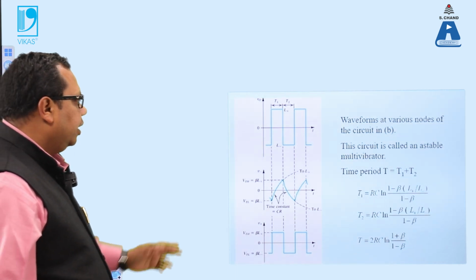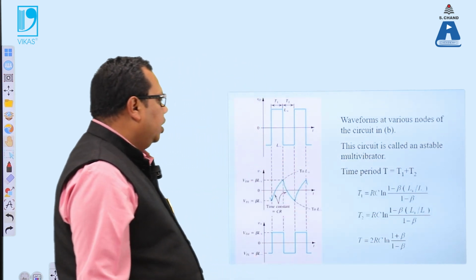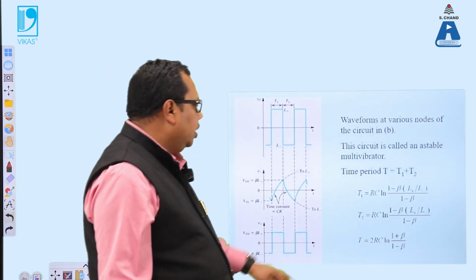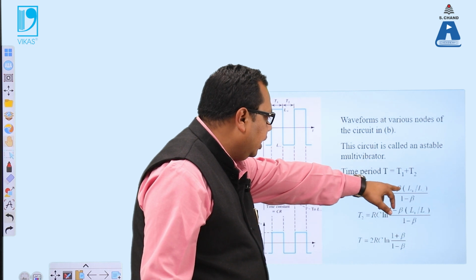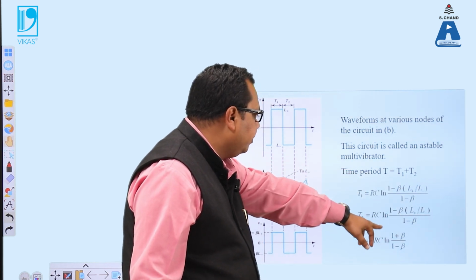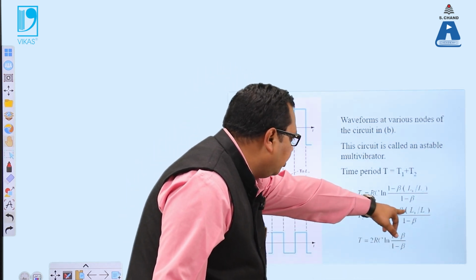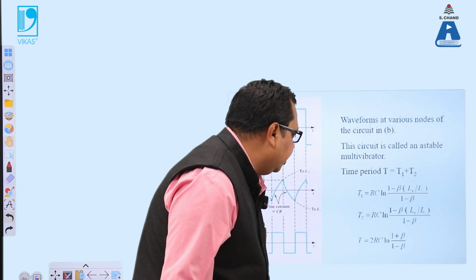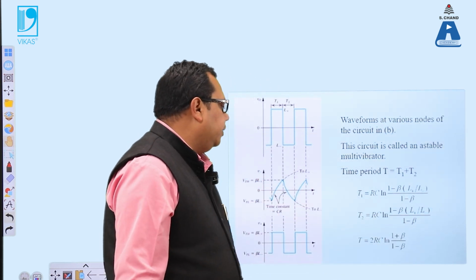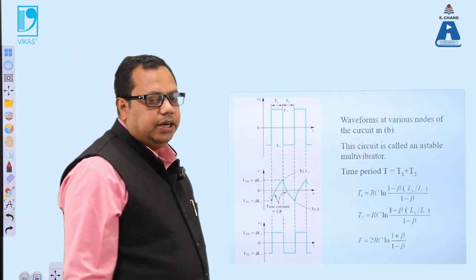The circuit is an astable vibrator where T is T1 plus T2, where T1 is equal to RC log of (1 minus beta L plus over L minus) over (1 minus beta). In the same way we use this value for T2, so that T is equal to 2RC log of (1 plus beta) over (1 minus beta).